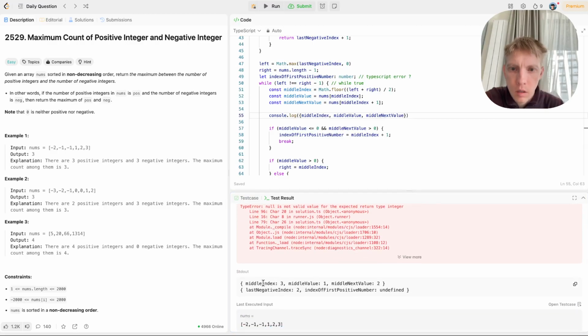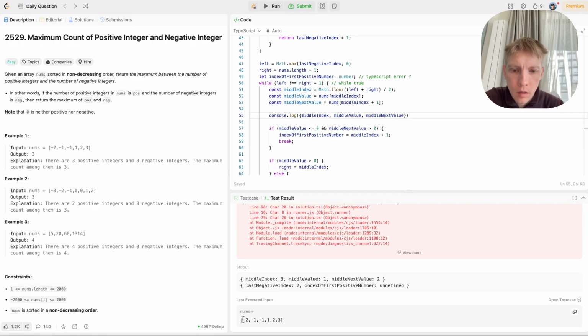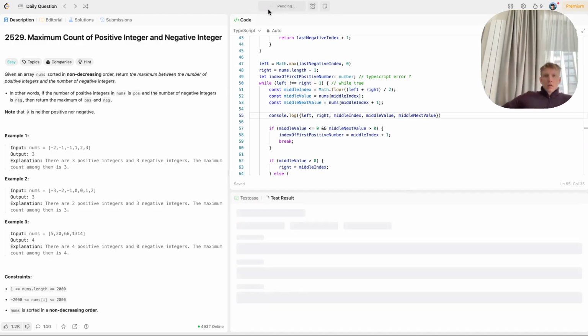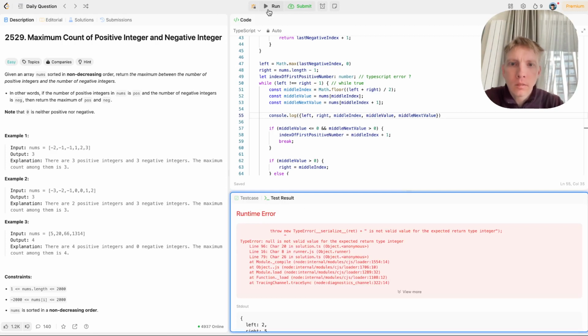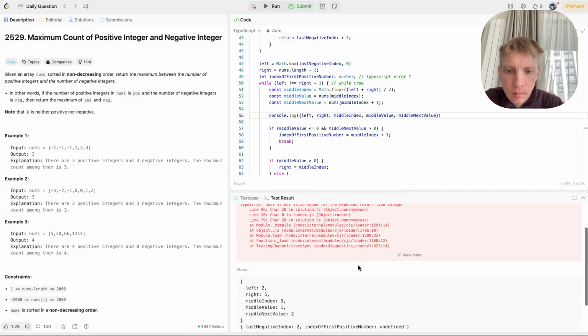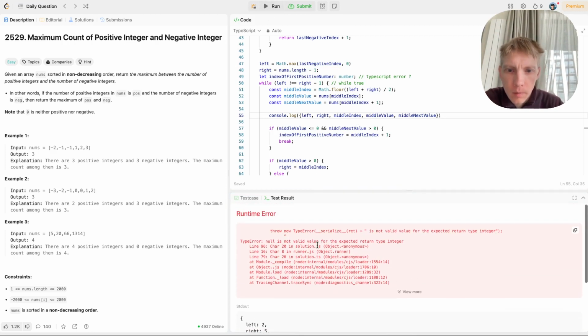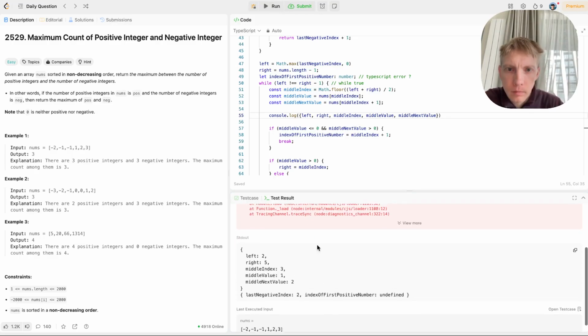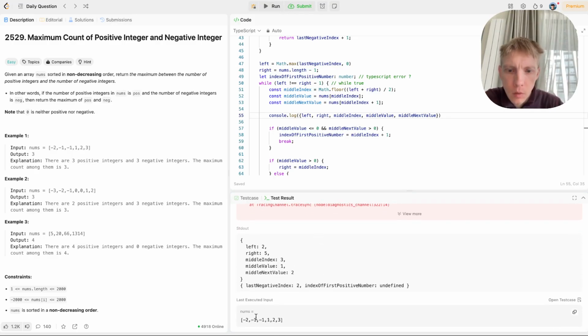Middle index is 3. Zero, 1, 2, 3, left, right. Left 2, yes. 0, 1, 2.